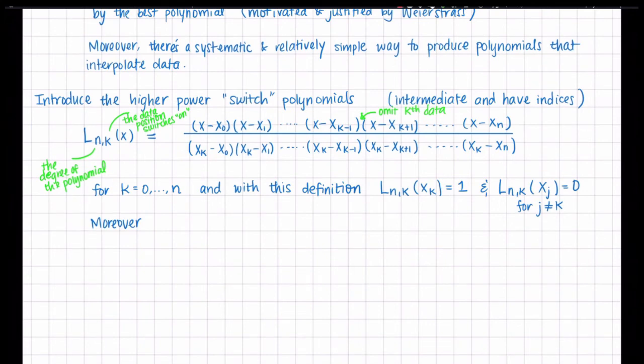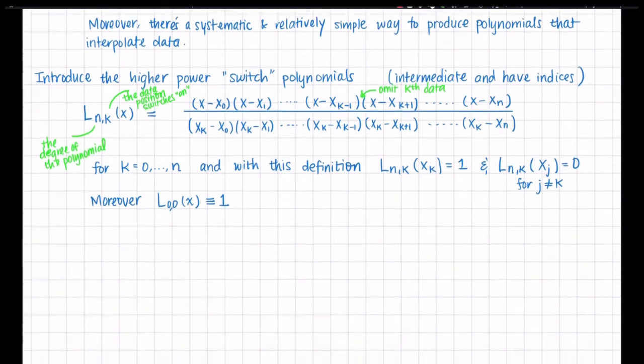If you try to define a degree 0 version of this, where there's no other data and there's a degree 0 polynomial, this is identically 1.